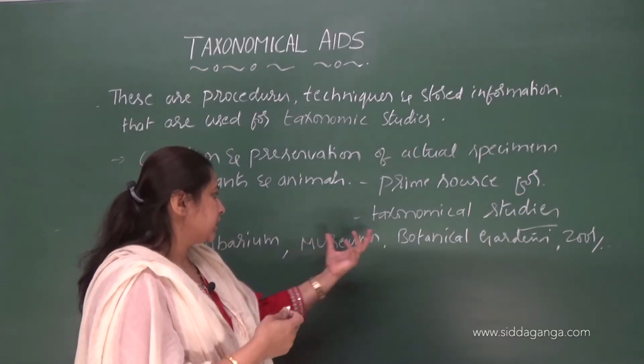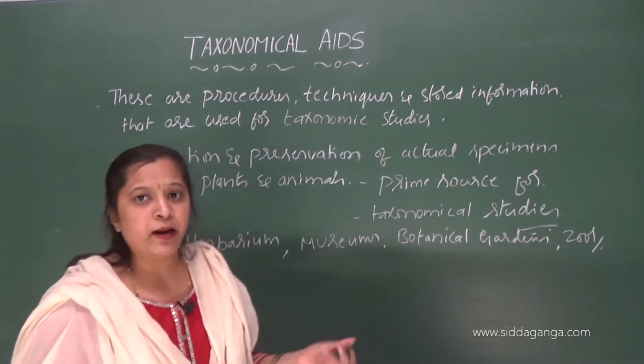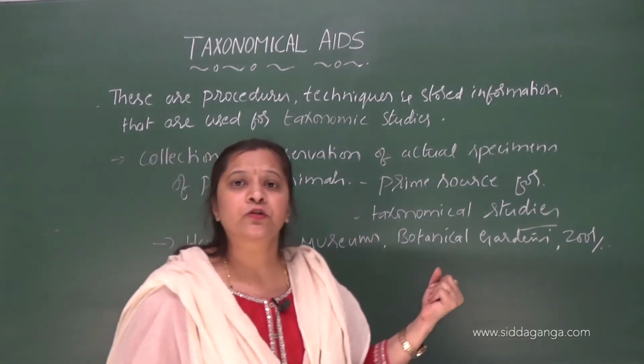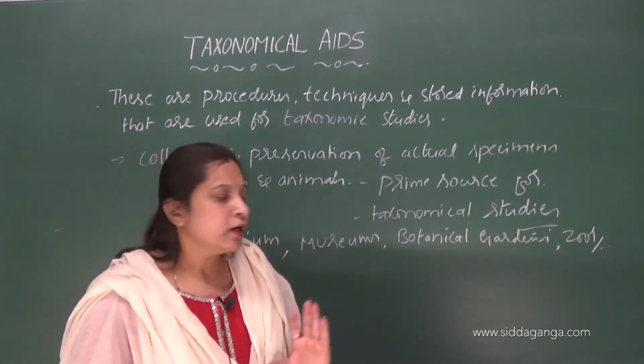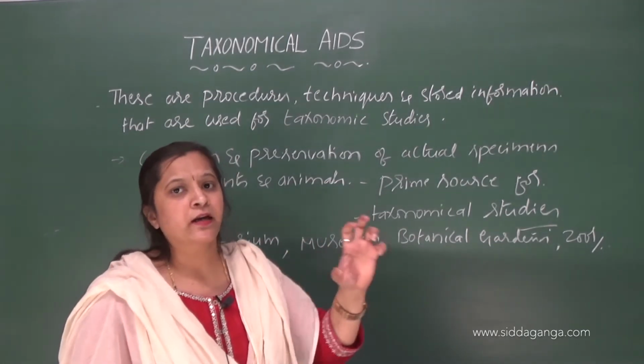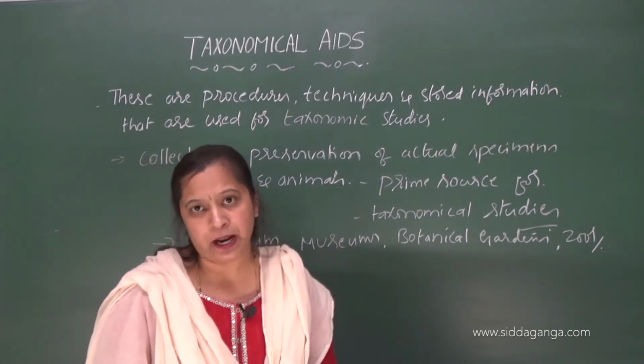In botanical gardens live plants are grown, and in zoos wild animals are kept in a protected environment. All these are places where one can get information and also the actual specimens of plants and animals.